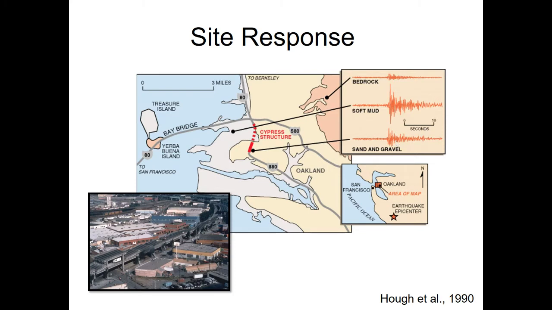So this is the textbook view of site response, that you get more shaking on softer sediments. I'll talk about soft in a second. And there was a two-deck freeway that was built over the very soft sediments, and it collapsed. There were quite a few fatalities associated with this collapse.